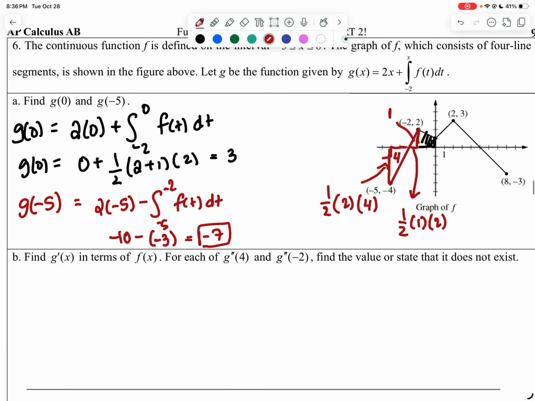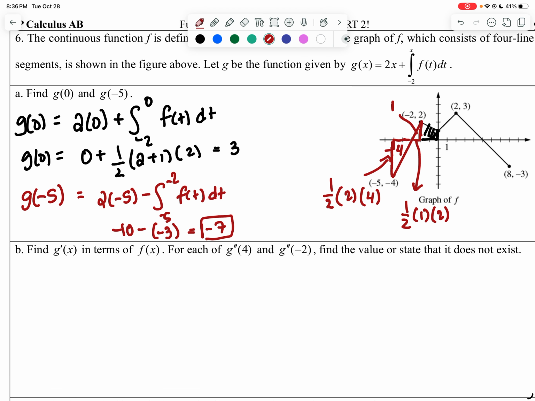All right, so then we want part B, where it says find g prime of x in terms of f of x. So g prime of x is just 2 plus f of x times the derivative of x, which is just 1. Now, you have probably seen that in all 6 problems so far that we've done, our upper variable has always been x.